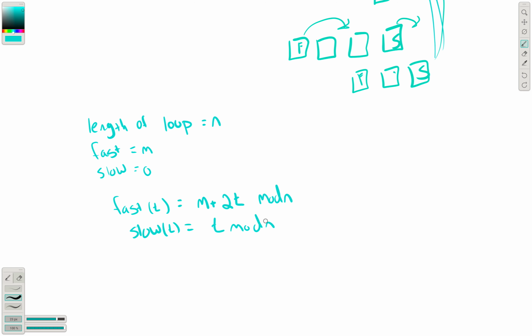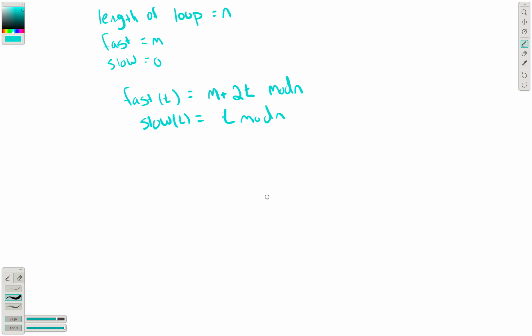Okay? And then, do you see when they are guaranteed to be equal, mod n, we just get m plus t equals 0 mod n.